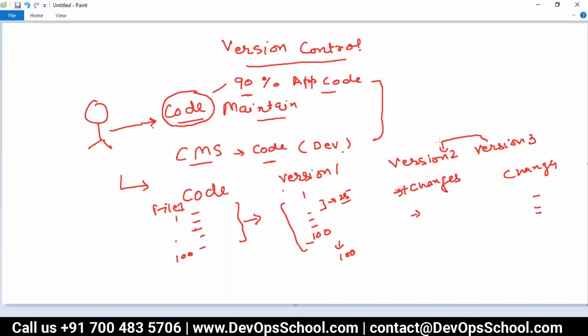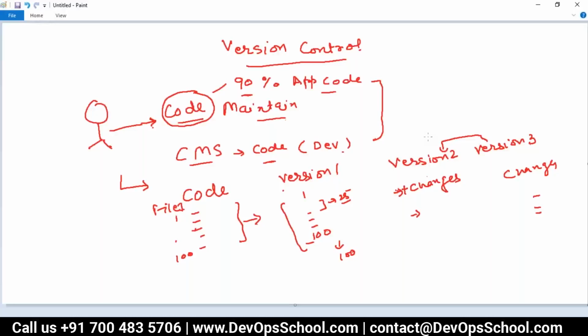And if you want something from version 1 to version 3, version 3 to version 1, it means your different versions are there. Now, if you want to switch to any version, you can switch to that version. And these versions are always there.